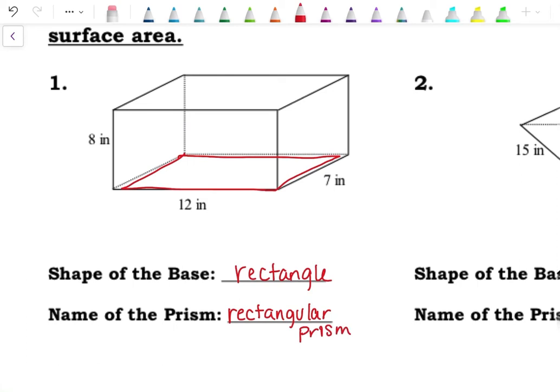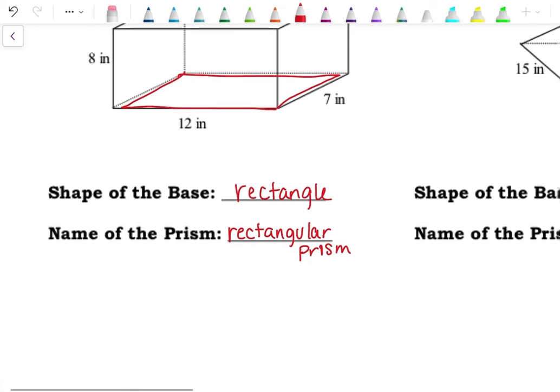Cool. Now let's get started with the surface area. So first thing I want to do is the area of the base, so capital B. That's going to be 12 times 7, which would be 84.